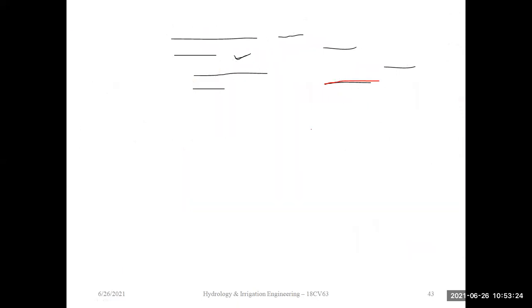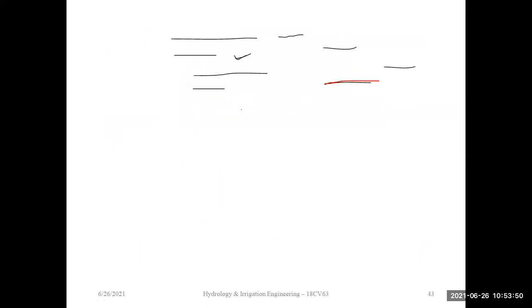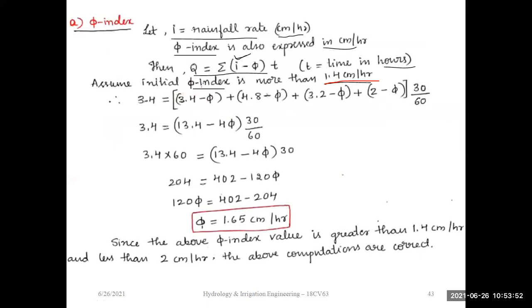If you see the rainfall data which is given, the initial rainfall is 1.4. Whatever 1.4 centimeter of rainfall falls on the ground will be counted as losses.